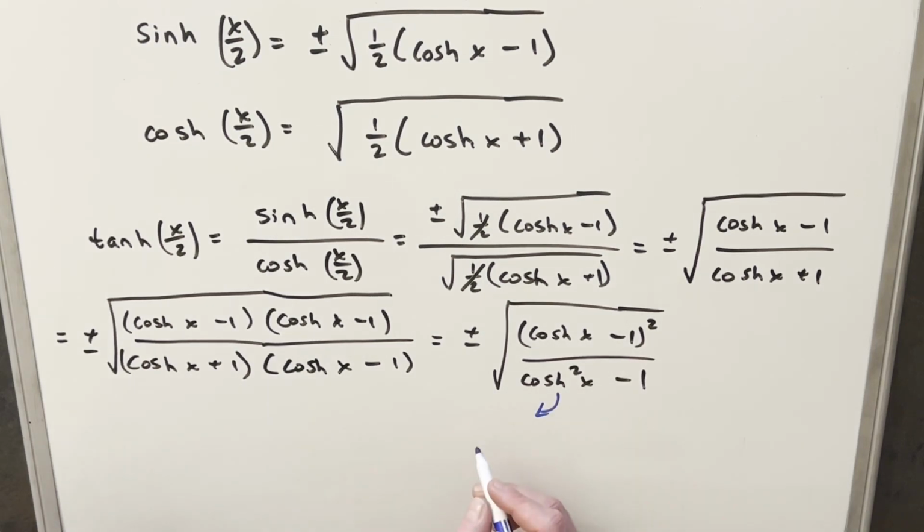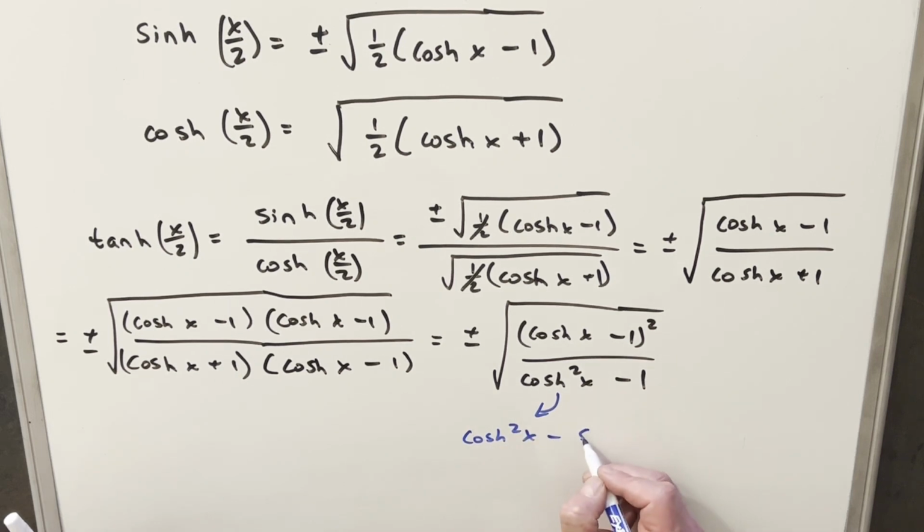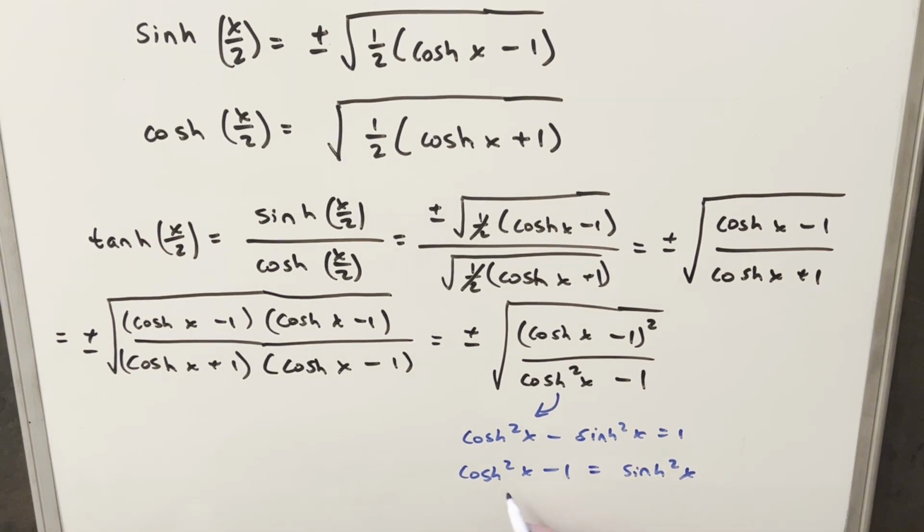But now for this, we had an identity we found in the previous video. We found cosh squared x minus sinh squared x is just 1. Now if I rearrange this and add sinh squared on both sides and subtract 1, then we end up with cosh squared x minus 1 equals sinh squared x. So this is what we have here in the denominator, so I can just put this back in.